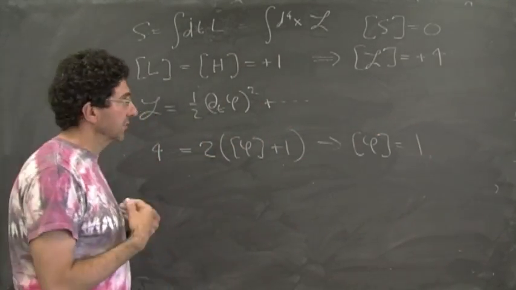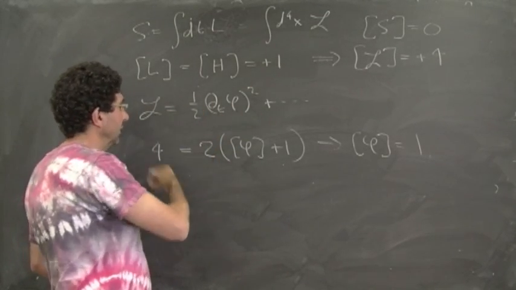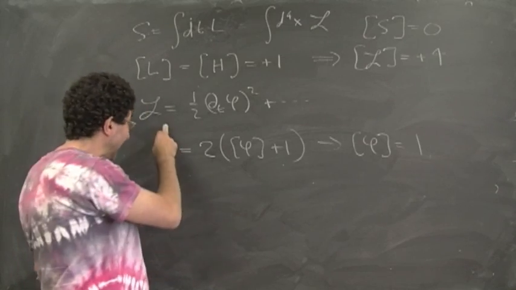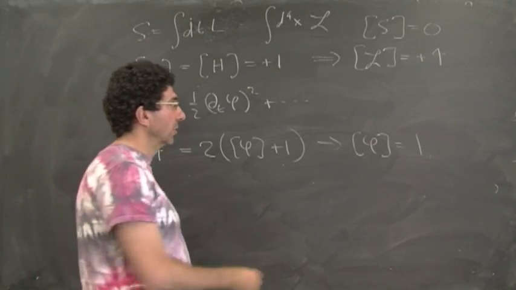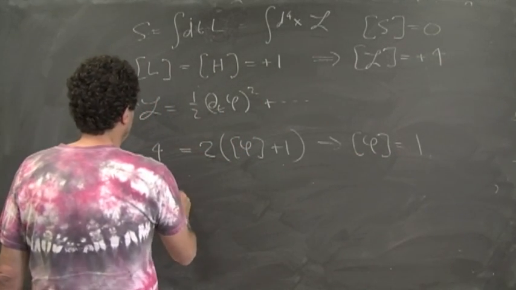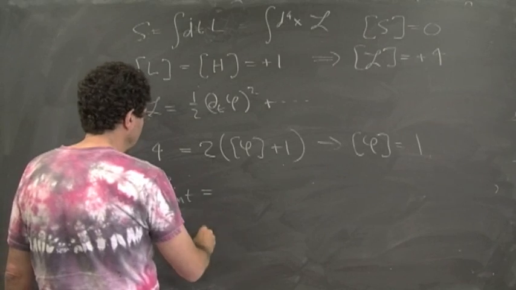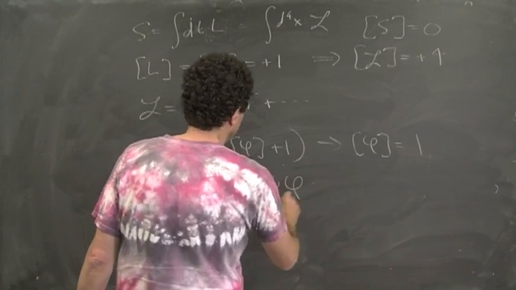Okay? So at least when I do it in practice, this is how I do it. I just use the fact that the Lagrangian density has dimension 4. Okay, so the field has dimension 1, big deal. What about our interaction term now? Our interaction term is g phi dagger phi times phi.